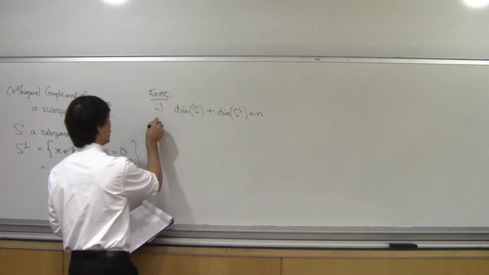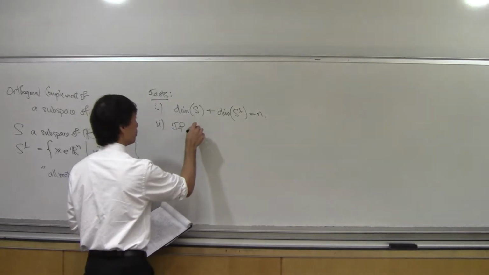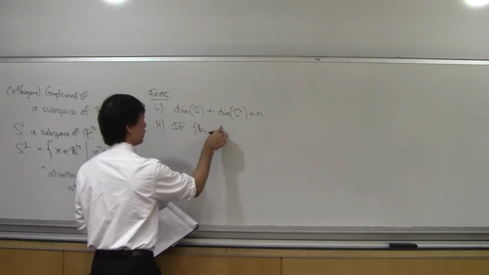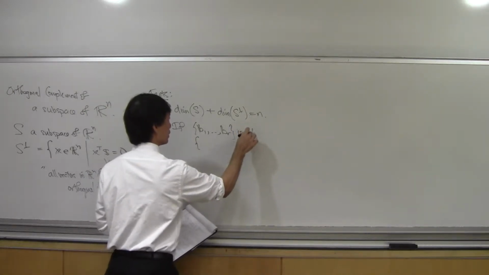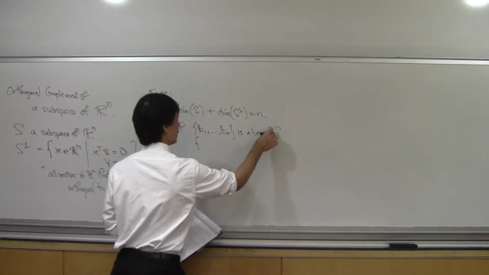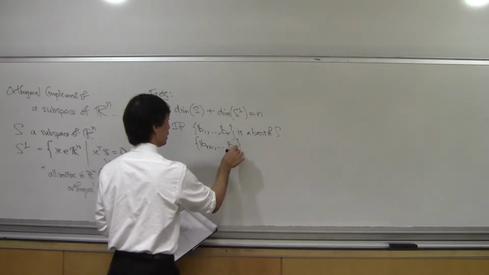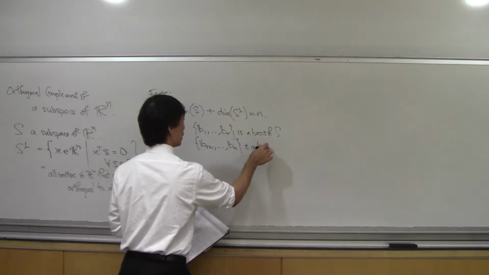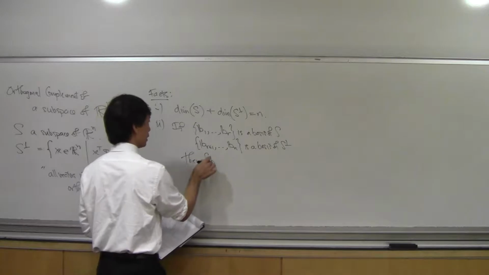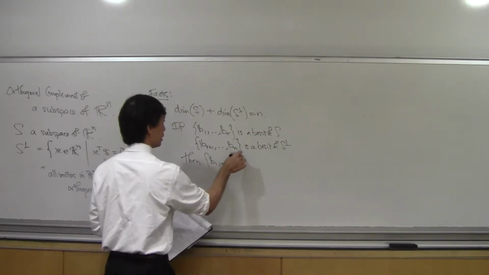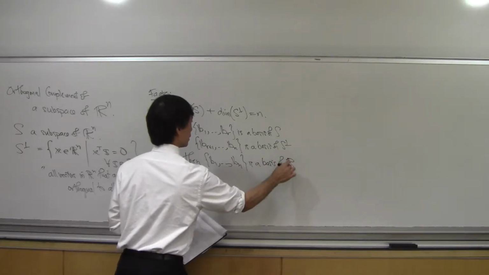And we also showed that if b1 to br was a basis of S, and b(r+1) to bn is a basis of S perp, then the union b1 to bn is a basis of Rn.